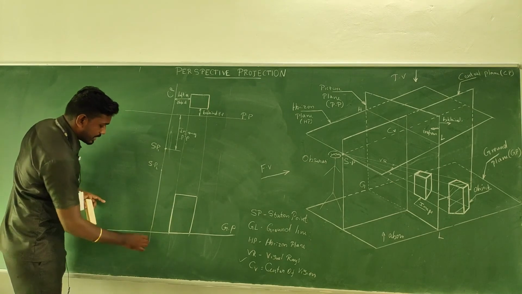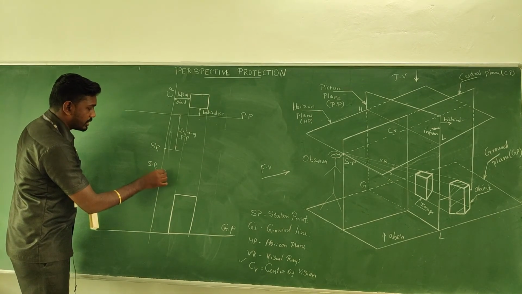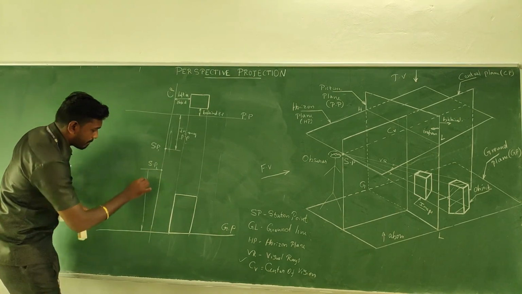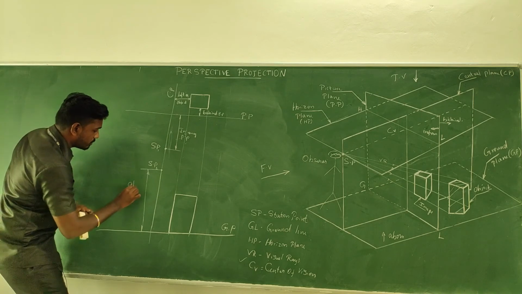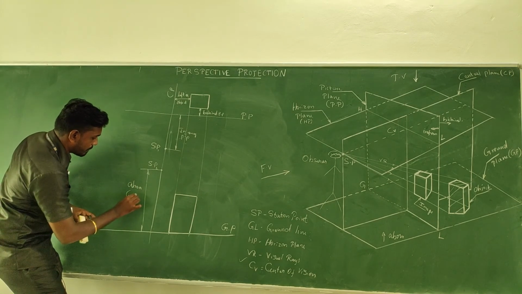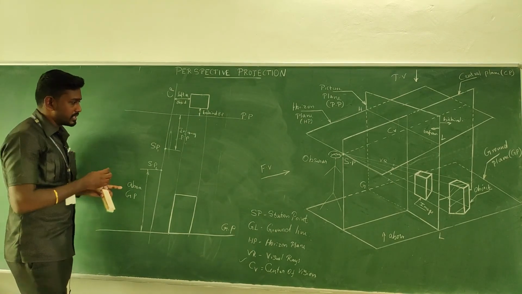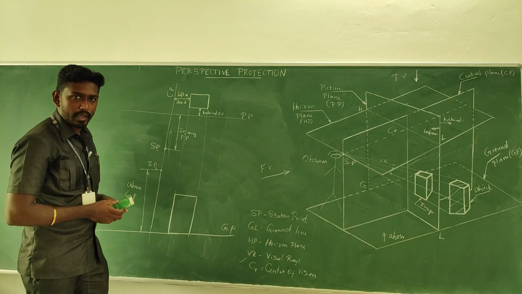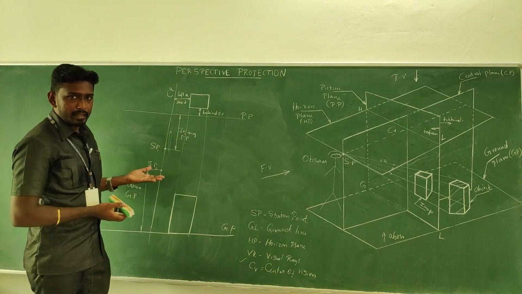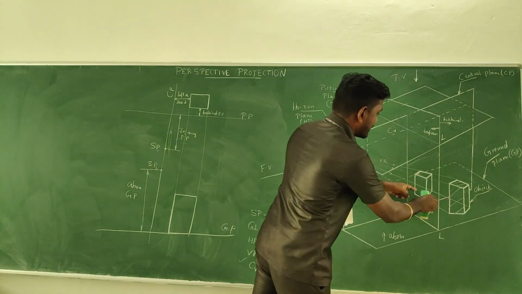So here is the center plane going, and here we can specify it. This measurement will be captured as above GP, ground plane, above GP 50 mm, above GP 60 mm, something like this.